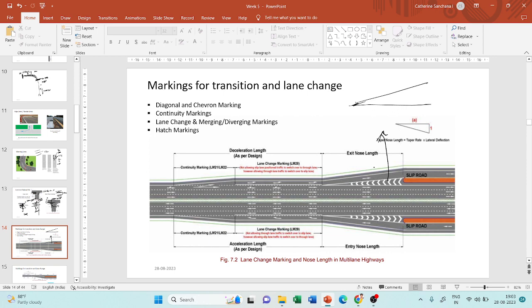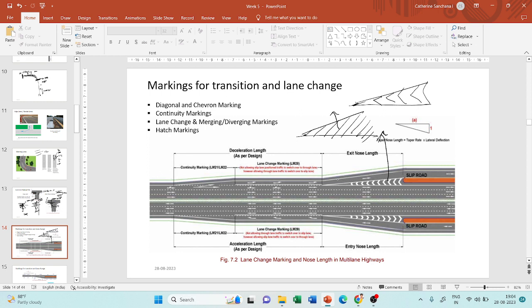So what is the difference between diagonal and chevron marking? If in this triangle you have angled lines like this, it is called diagonal marking. And if in this triangle you have arrow like markings like this, it is called chevron marking. And it is usually provided to guide the traffic.